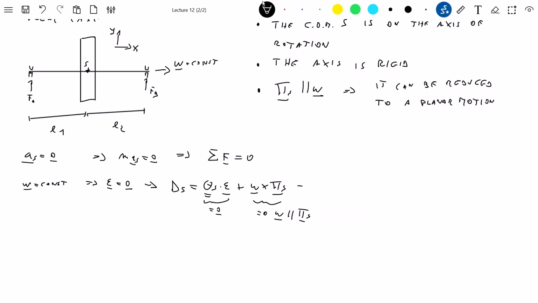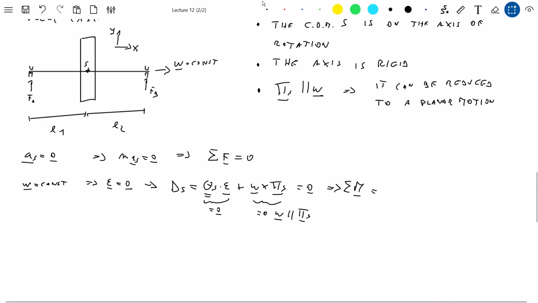And this means that the sum of all the moments with respect to point S must be 0.